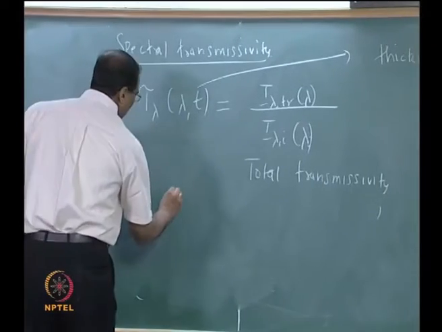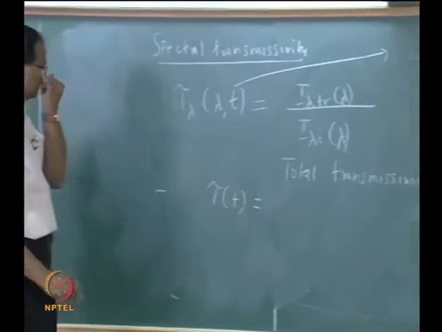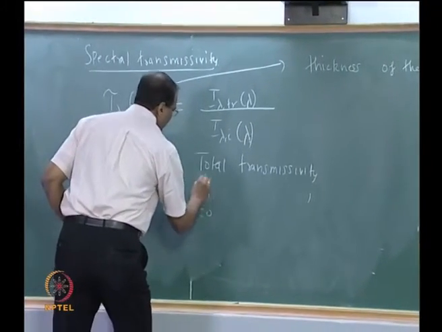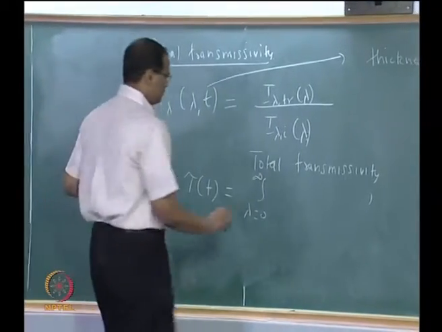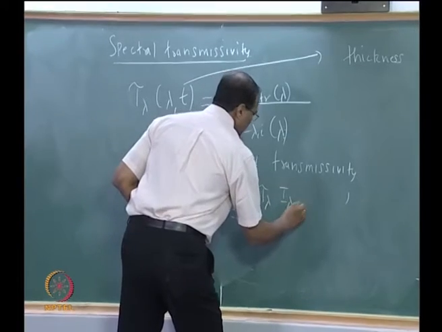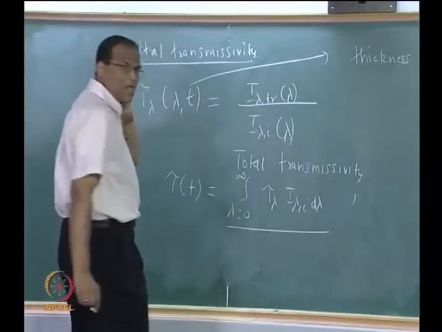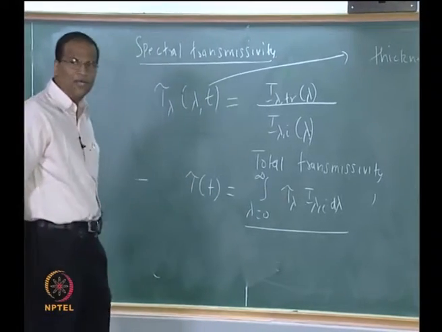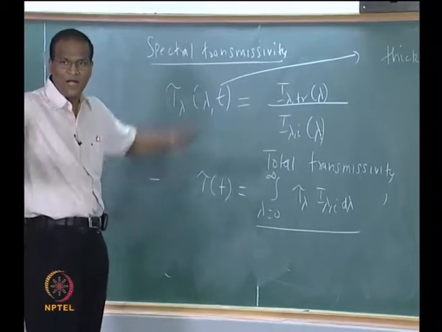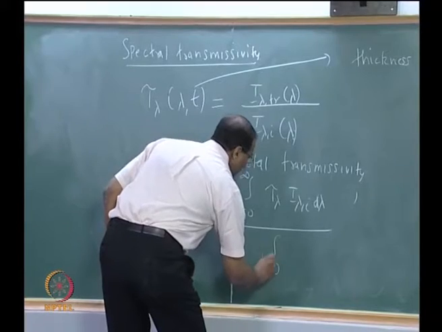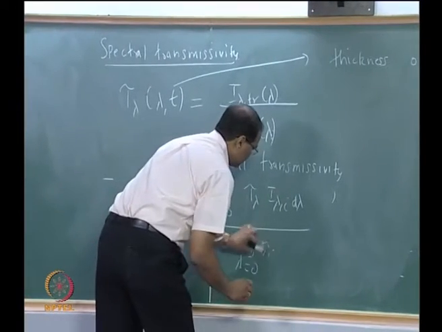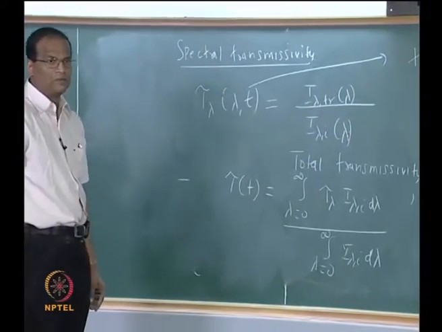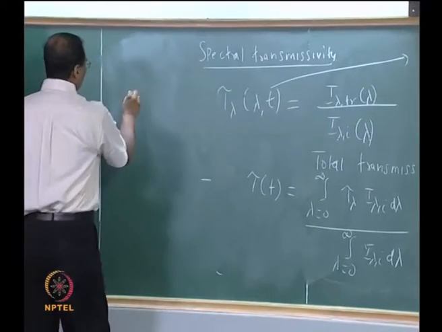Tau is the integral of tau lambda times I lambda incident, you can put all these I lambda, tau lambda, lambda t, put the bracket, divided by the integral from lambda equal to 0 to infinity of I lambda I d lambda. Very good. Fine.